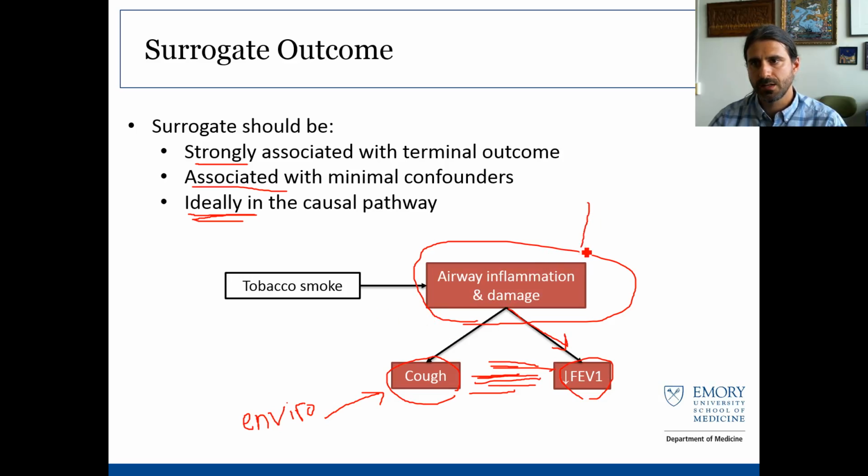So in this sense, airway inflammation is a stronger surrogate because it has a stronger association. There still could be potential confounders, of course, but it's also inside the causal pathway, so there's more biologic plausibility to this association, that one begets the other.